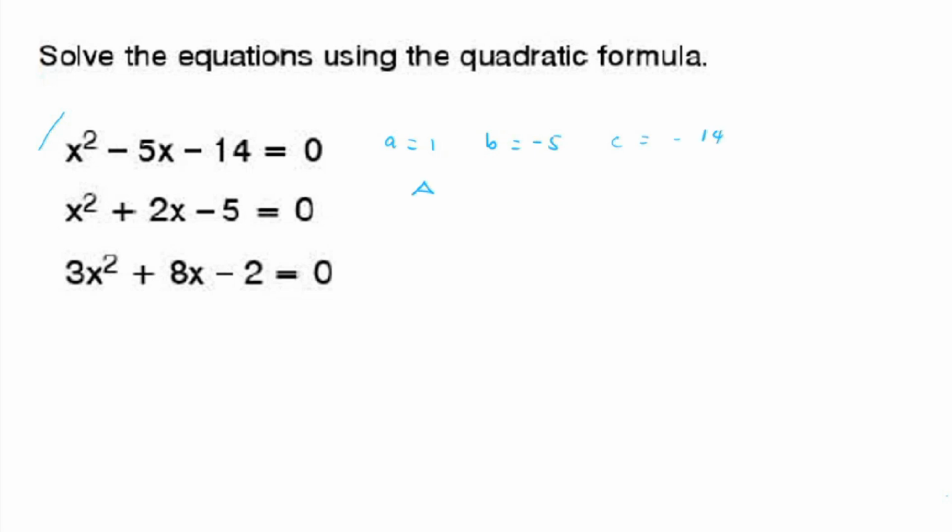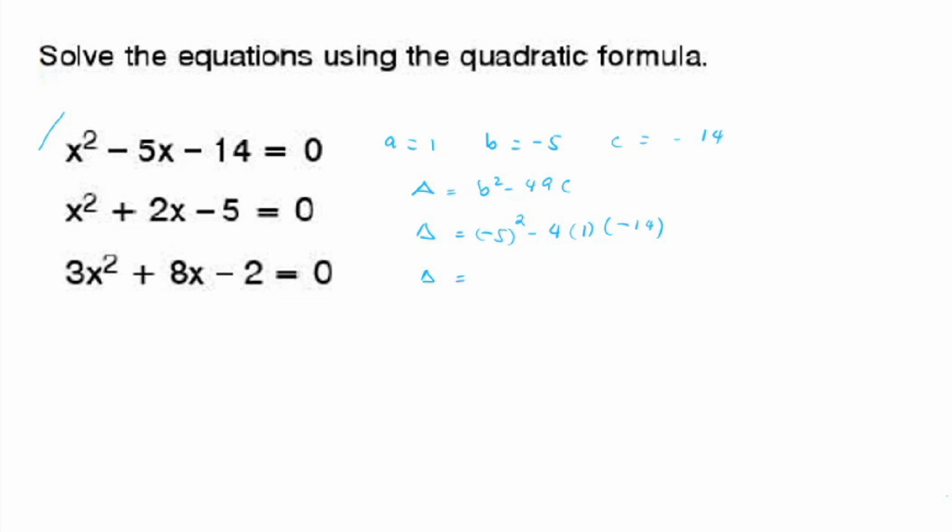So I'm using delta is equal to b squared minus 4ac. Solving for delta, our b is negative 5, so we have negative 5 squared minus 4 times 1 times negative 14.